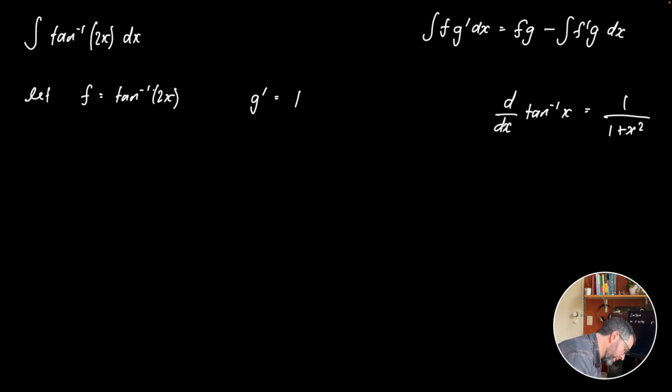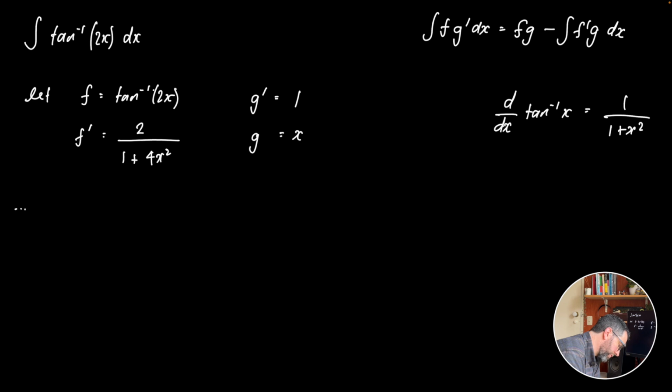So if we go and complete the things we need for our parts formula, f prime is going to be 1 over 1 plus 2x squared, all times 2 by the chain rule. So that will be 2 over 1 plus 4x squared, and this will give me g equals x.